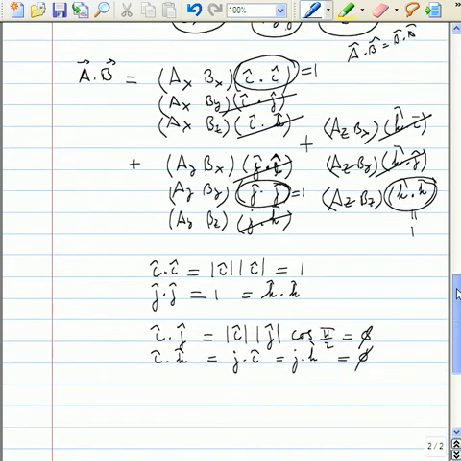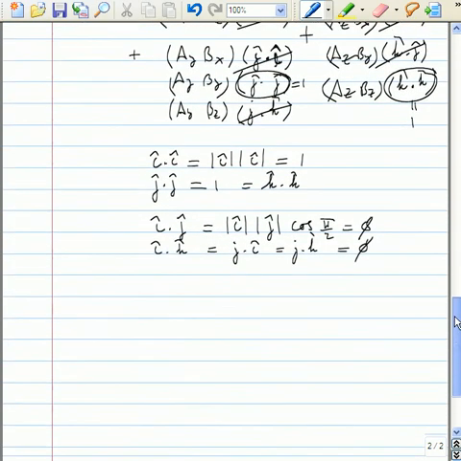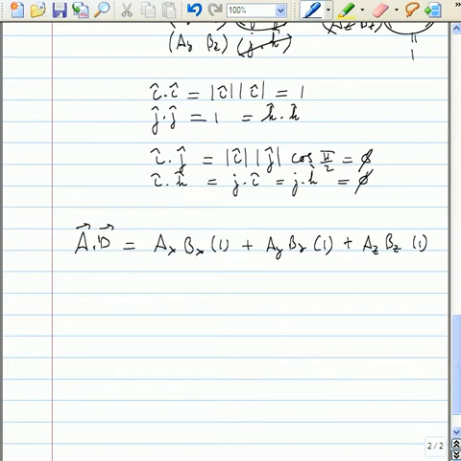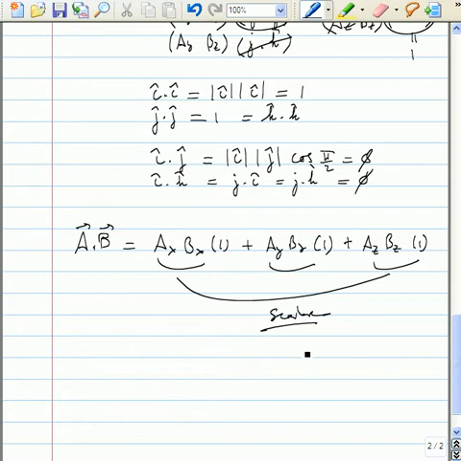So really only 3 terms survive, which are AX BX times 1, which is the i dot i, AY BY times 1, which is j dot j, and AZ BZ times 1, which was k dot k. Sure enough, scalar, scalar, scalar, the dot product is a scalar.